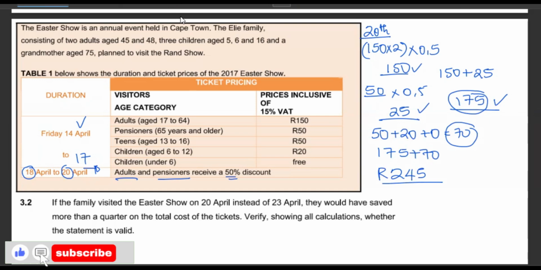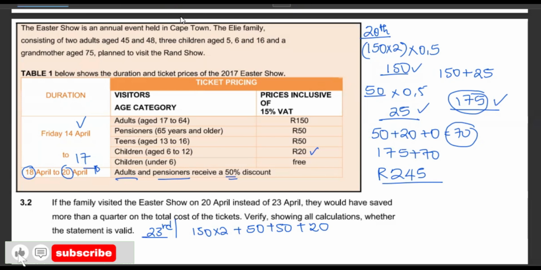Then we need to calculate the money they will spend on the 23rd. Now the 23rd, everything would have been considered. So adults, there are 2, which is 150 times 2, plus the pensioner, plus the teen, plus the 6-year-old. The 6-year-old, you pay 20 rand.